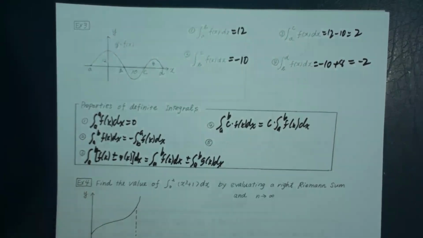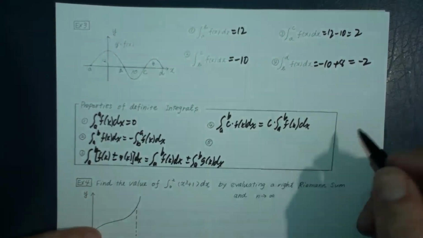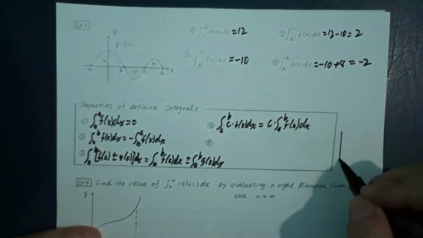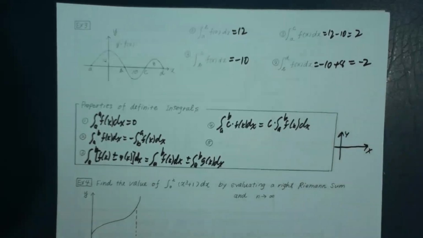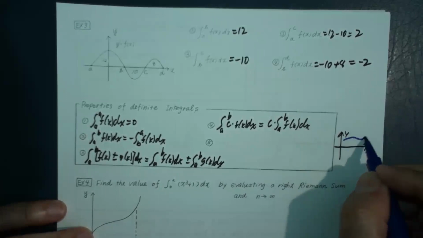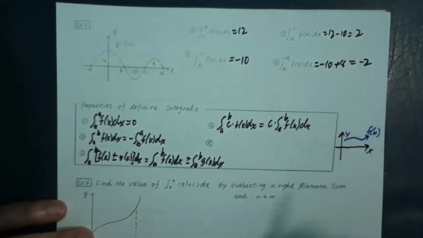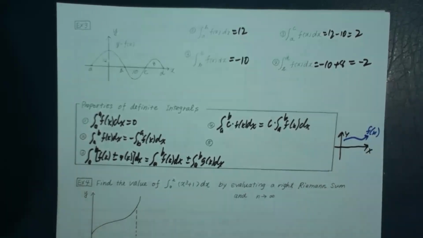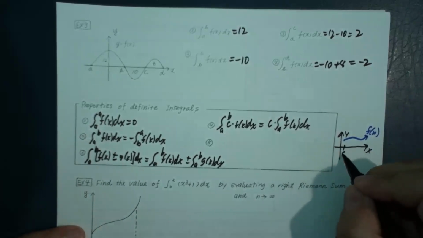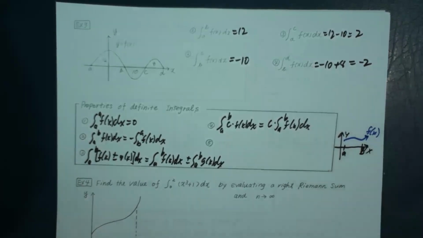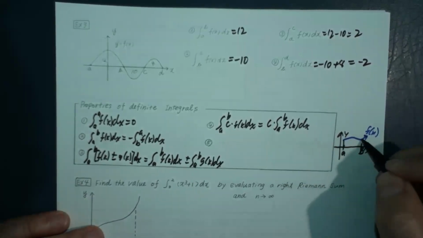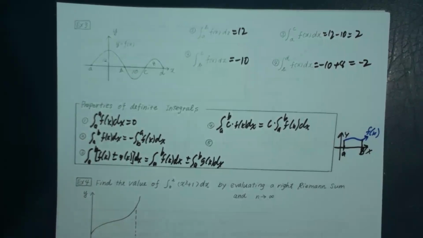And for the last one, I need a picture. So if we have some sort of function, and we're going from A to B, so we're going from here to here, looking for the area, and we have a point C somewhere in between.